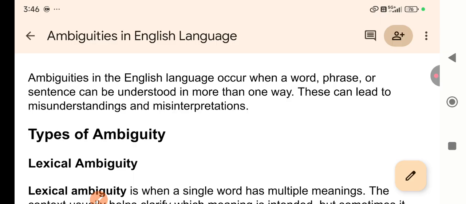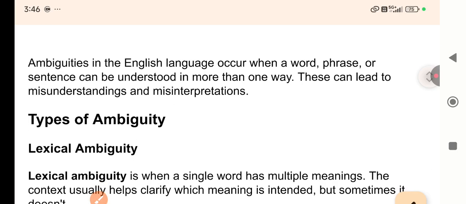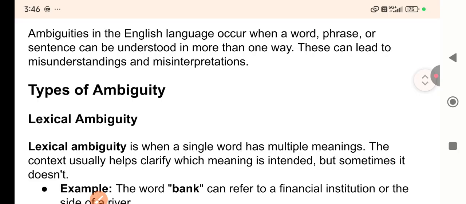Sometimes sentence framing is not proper, or sometimes a sentence is framed properly, but the meaning is different. This is called ambiguity. So here we are discussing ambiguities.